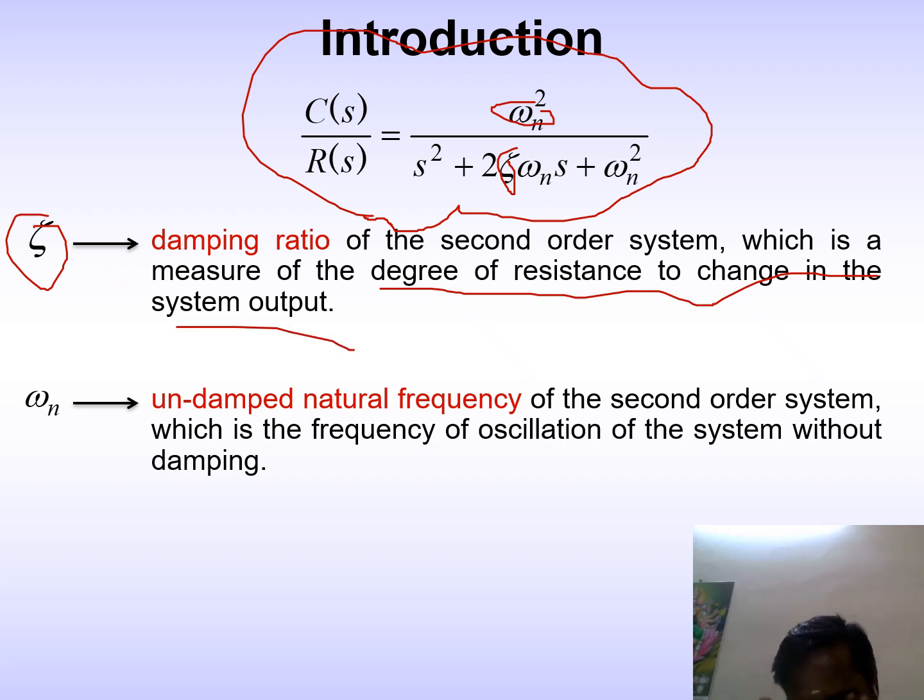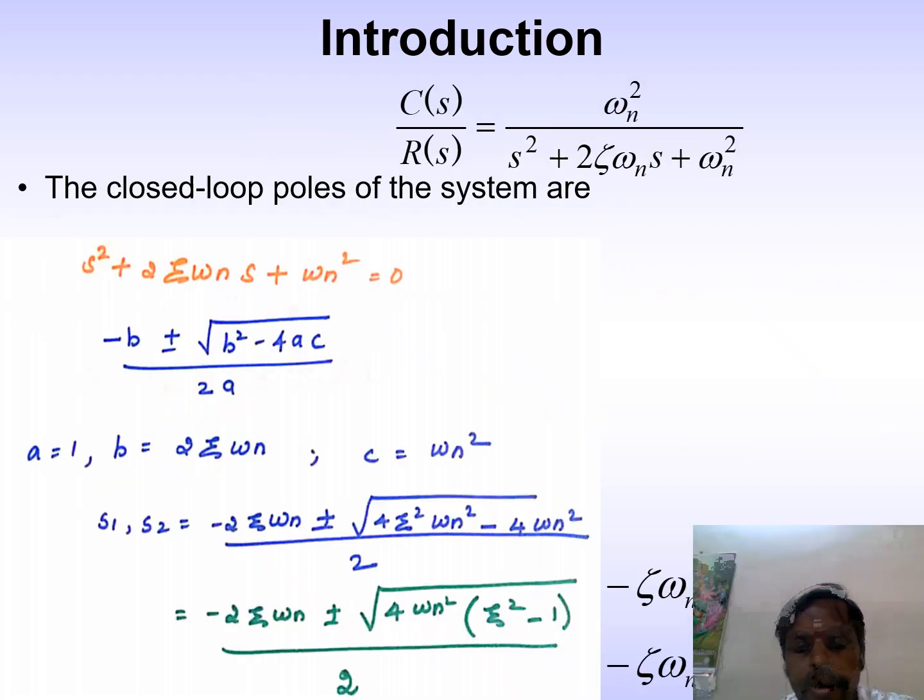So in the live face-to-face class, I mentioned the mechanical system by using that chair, isn't it? Remember that. Omega n is called the undamped natural frequency. Okay, so it is the oscillation of the system. So without considering the damping, its oscillation is represented by omega n.